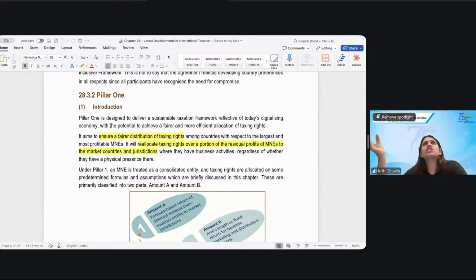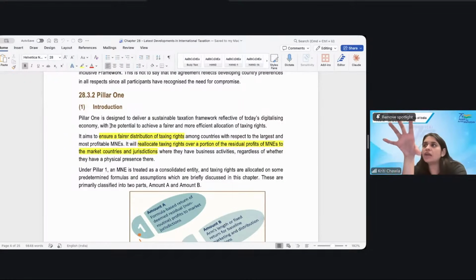What are market jurisdictions? Well, where the users and consumers are basically located, where they have business activities, irrespective of whether they have physical presence there or not. So the thing is that there are two parts to pillar 1. There is something called amount A, and then there is something called amount B.